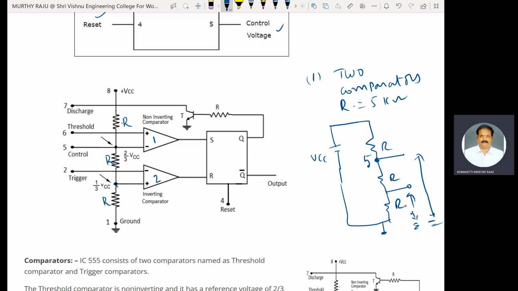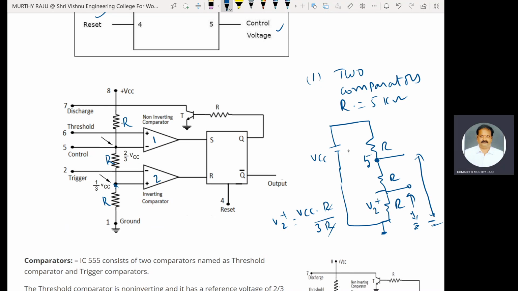This voltage, the voltage across R, is V2 plus of comparator 2. V2 plus is equal to VCC into R by the sum of these three resistances, 3R. R cancelled, so VCC by 3. This point is VCC by 3. This voltage is comparator 2 plus.